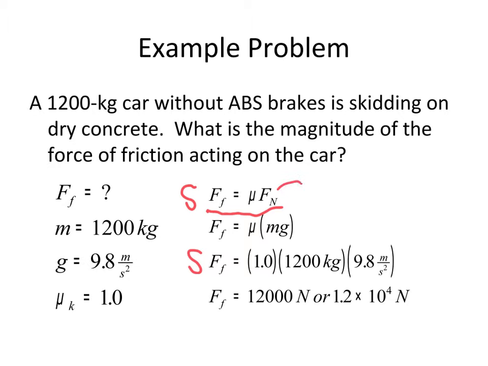Normal force, of course, in magnitude in this case can be found using mg, because if there's no acceleration in the vertical direction, the forces must be balanced. In that case, the normal force has to be equal in magnitude to the force of gravity. As we saw earlier, that's not always the case, but it is the case here.